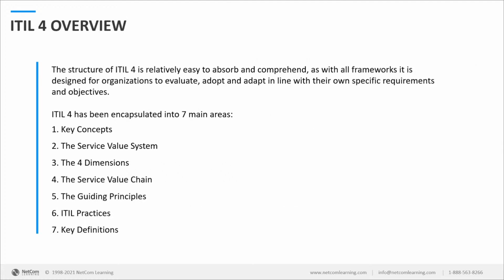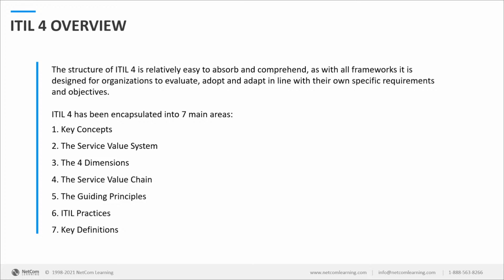So when we talk about ITIL, I'm not talking about any specific certification here. When we talk about ITIL, especially version 4, what exactly is ITIL made up of? What are the components, the different chunks that come together to form something called ITIL?